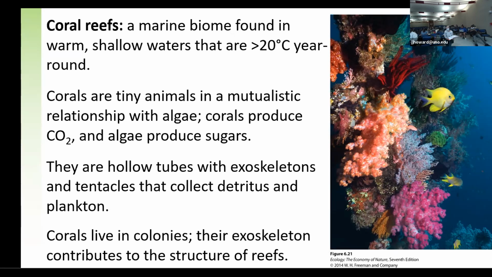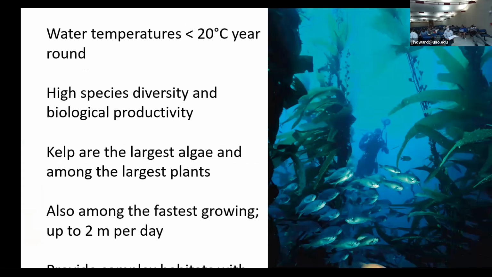Okay. So the reef itself is built of the skeletons of those animals. They're not plants, they're animals building those reefs. Now, you probably know a lot less about kelp forests, but this is definitely the temperate analog. They are incredibly productive. Kelp is an alga.